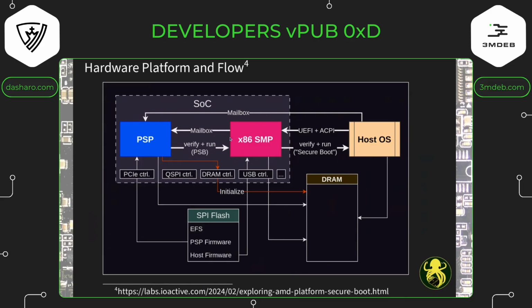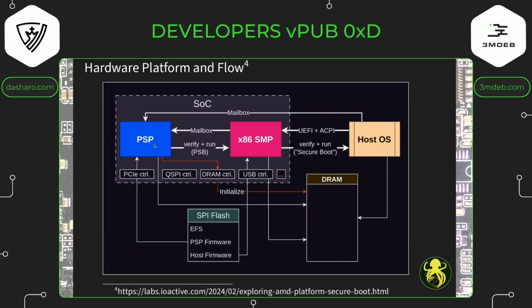That would then let the x86 release, and it would continue running, and then you would have its own secure boot, again depending on the OEM or whatever vendor, and then finally you would have your host operating system running on sort of a virtual platform, if you will, because it usually gets UEFI and ACPI interfaces from the x86 firmware, and then also the mailbox from the PSP would still be available, and so on.